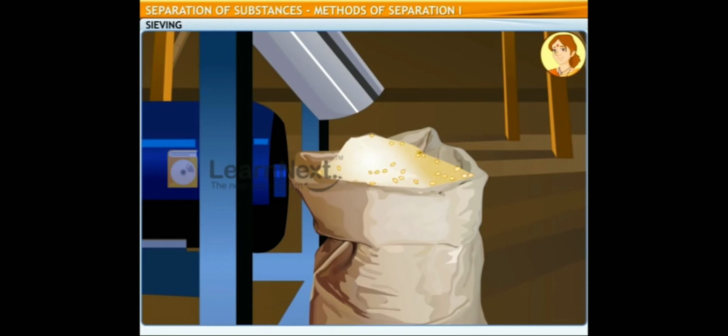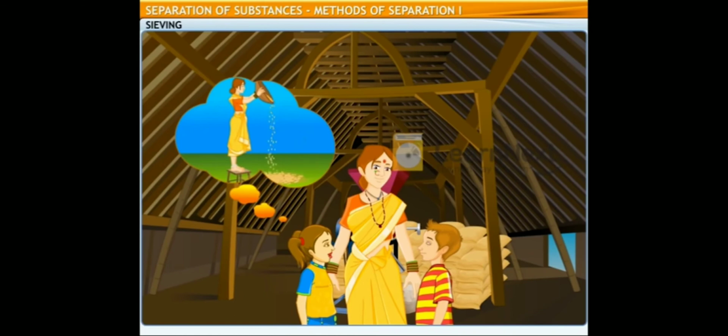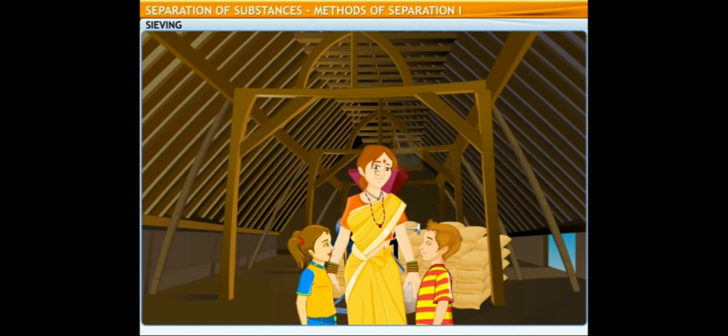This is called the wheat bran. Can you guess how this is separated from the wheat flour? Well, it can't be winnowing since we don't want the flour to blow away in the wind. That's right. Instead, the method we use to separate this is called sieving.